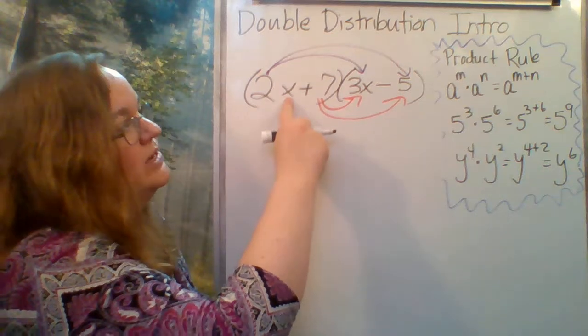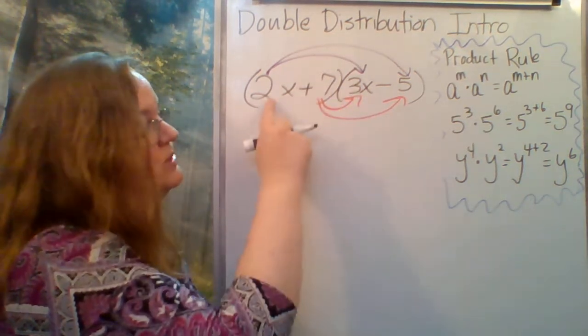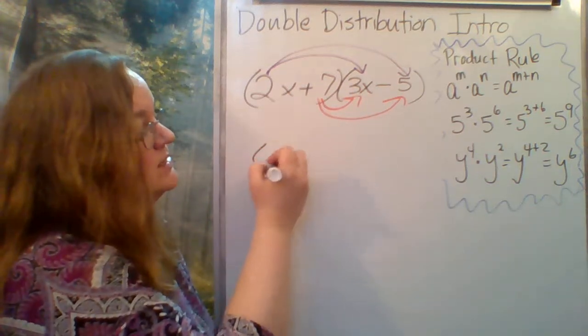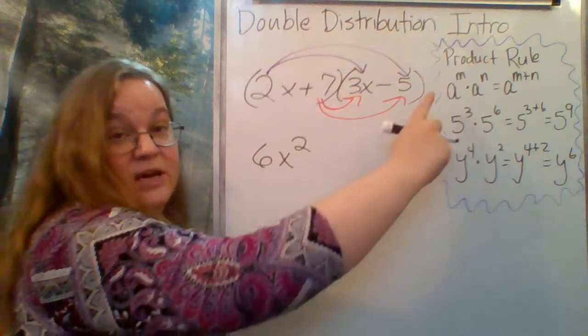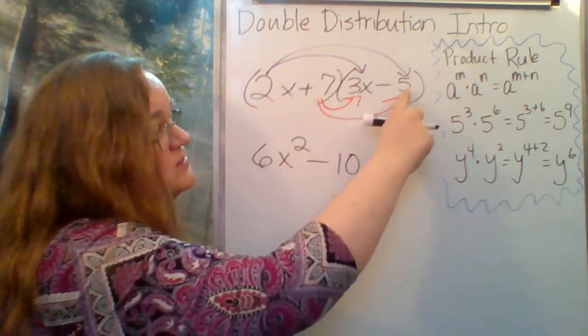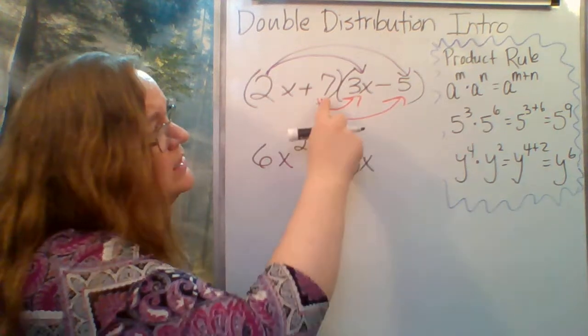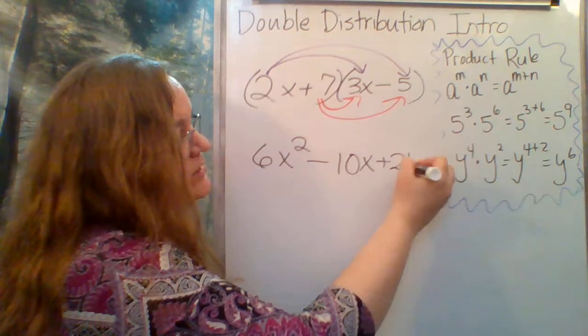Okay, so 2x times 3x. Well, 2 times 3, because I treat the coefficients like I normally would, 2 times 3 is 6. x times x is x squared. 2x times minus 5 is minus 10x, because 2 times 5 is 10. 7 times 3x is going to be 21x.